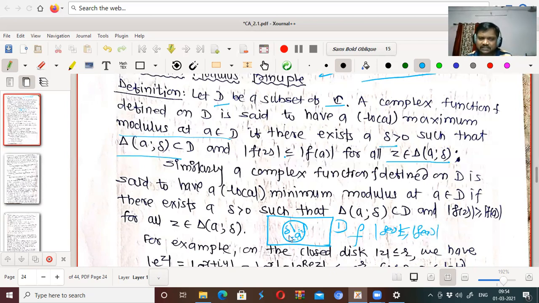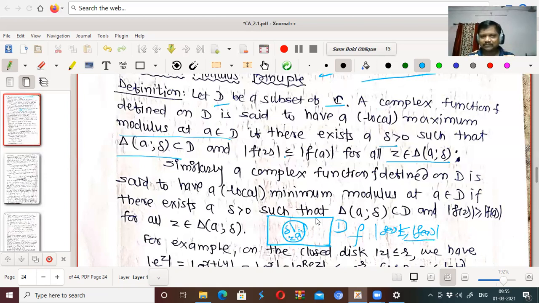If such a condition is satisfied for every z in this disk, that is, the modulus value of f at every point in this disk is less than or equal to the modulus value of f at z equal to a, then we say that f has a maximum modulus at z equal to a, which is the same as the real analysis concept.